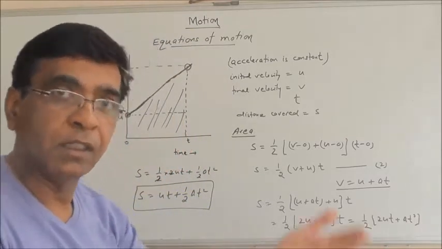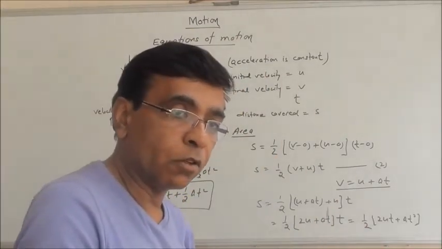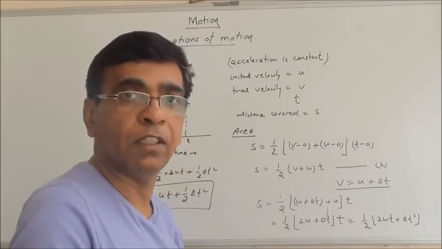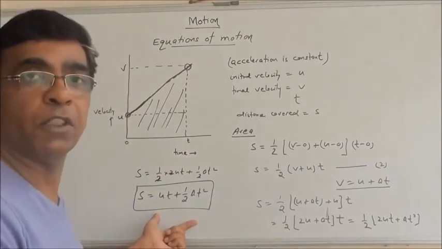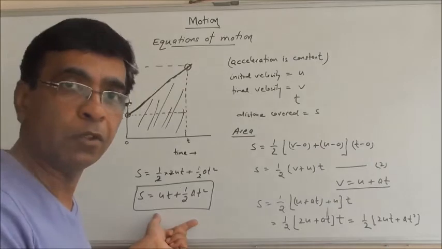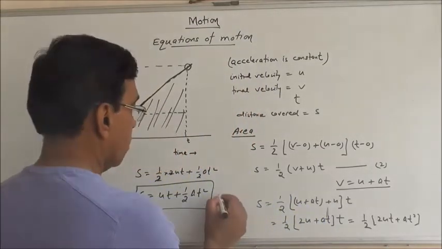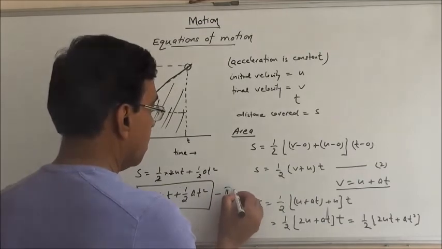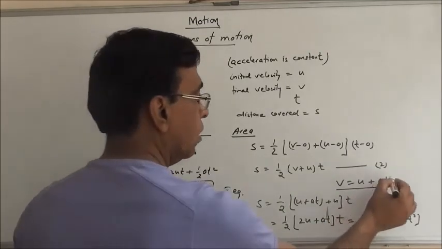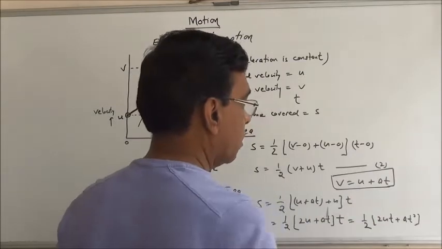If the speed is changing and it is changing at a constant rate, acceleration constant, then this is the expression, ut plus half at square. Okay, this is the second equation of motion. This was the first equation.